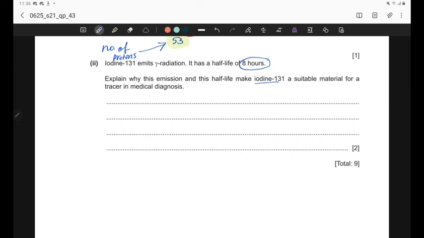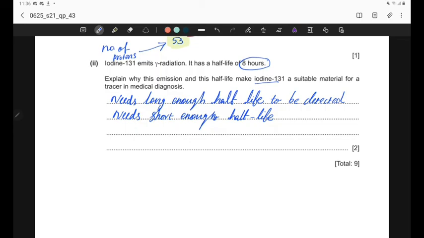So the first point we can write, needs long enough half-life to be detected correctly. At the same time, it should not be too long. So we can write the additional point, needs short enough half-life to soon have very little activity.